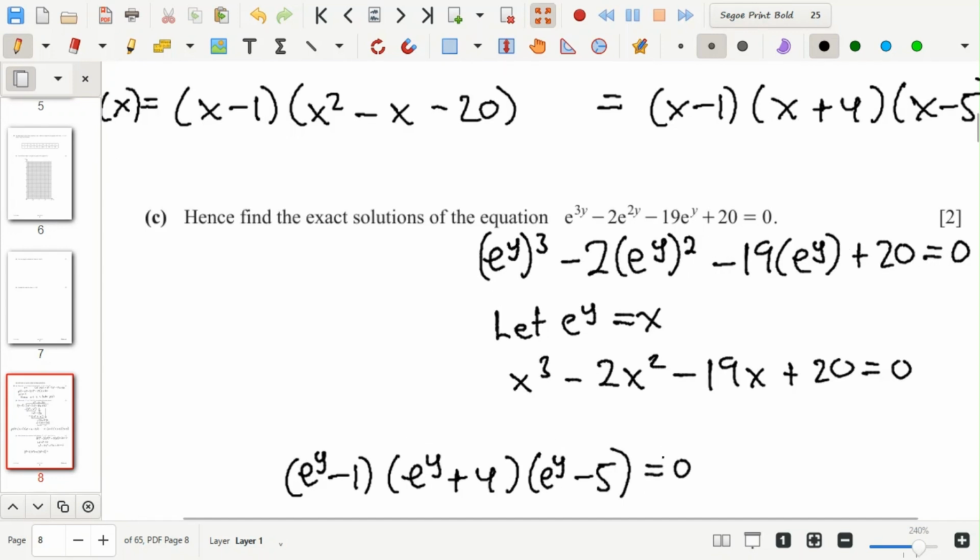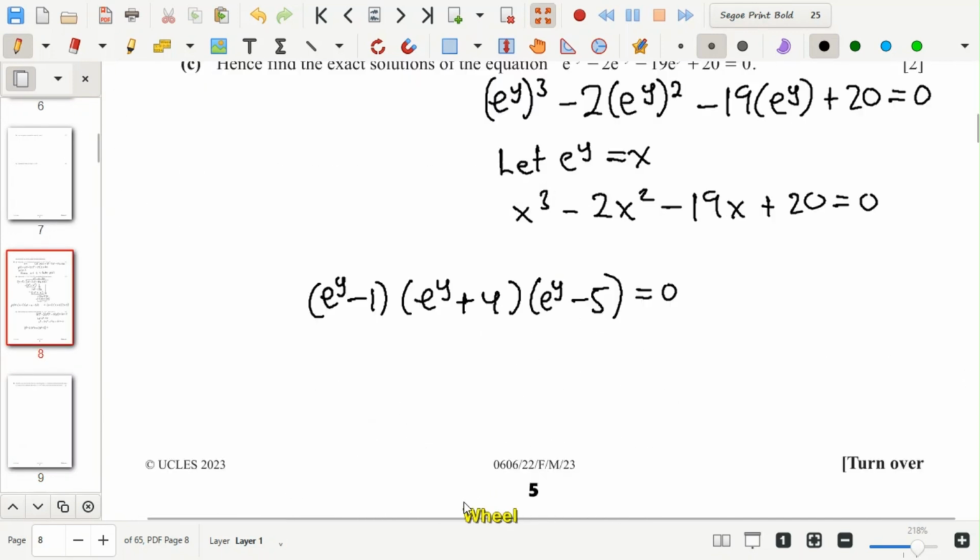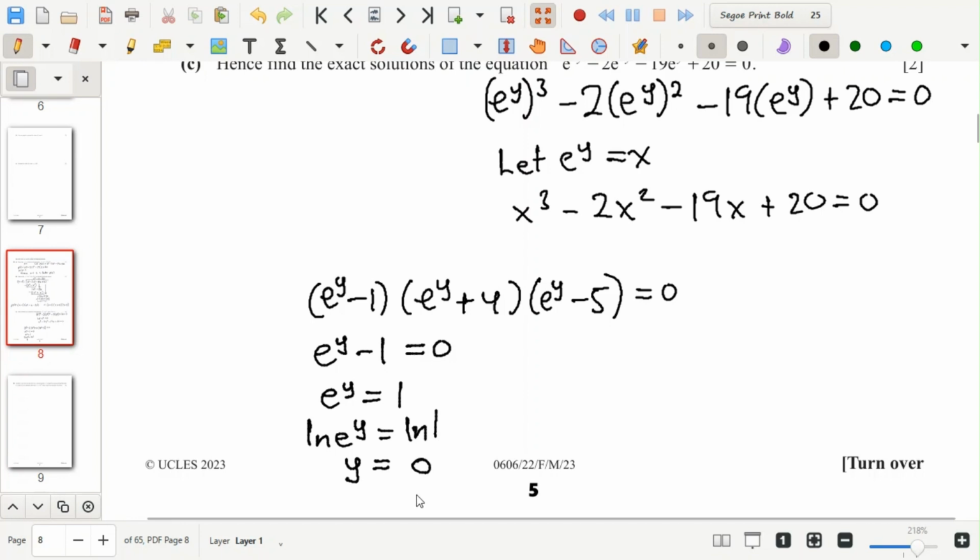Everything is equal to 0. Okay, so when you have the first factor, e to the power y minus 1 is equal to 0. Now you can find ln of both sides. So you get y is equal to ln 1, and ln 1 is 0.